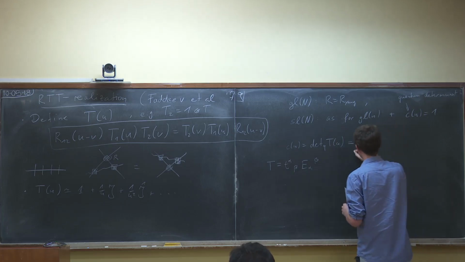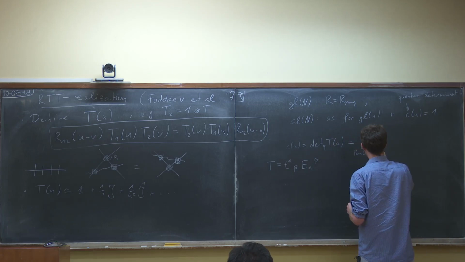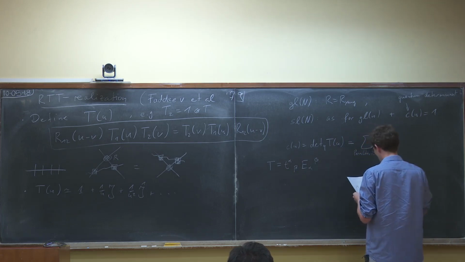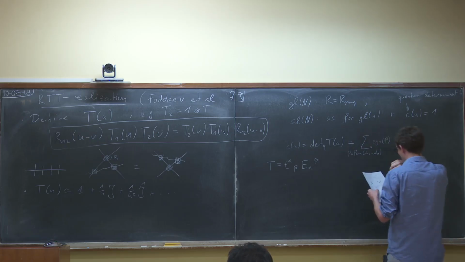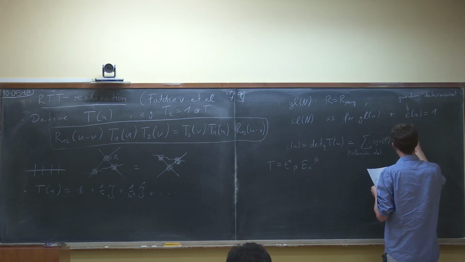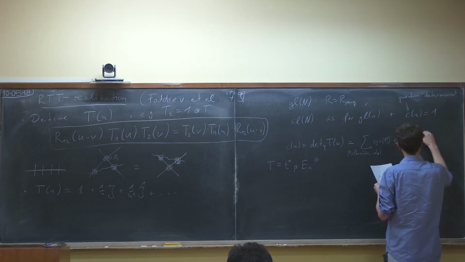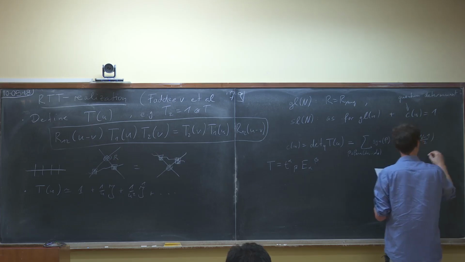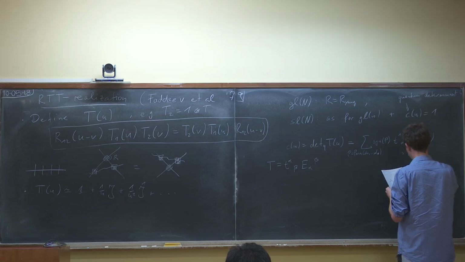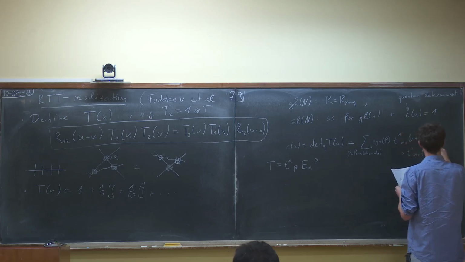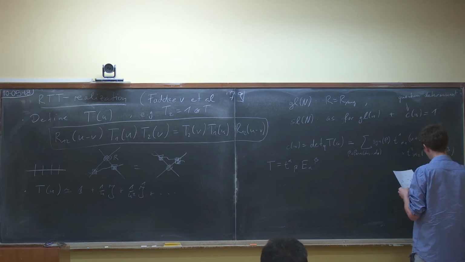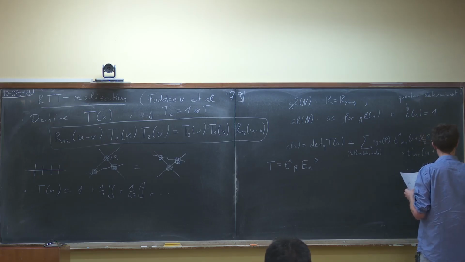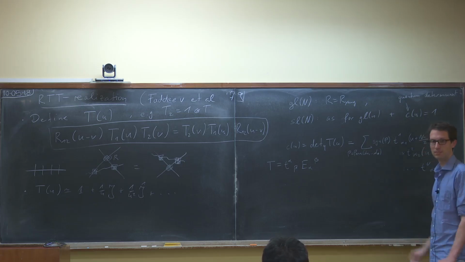And then this quantum determinant is the sum over all permutations of indices alpha 1 to alpha n, the sign of the permutation times T 1 alpha 1 at u plus (n minus 1)/2, times T 2 alpha 2 at u plus (n minus 3)/2, and so on up to T n alpha n at u plus (1 minus n)/2.